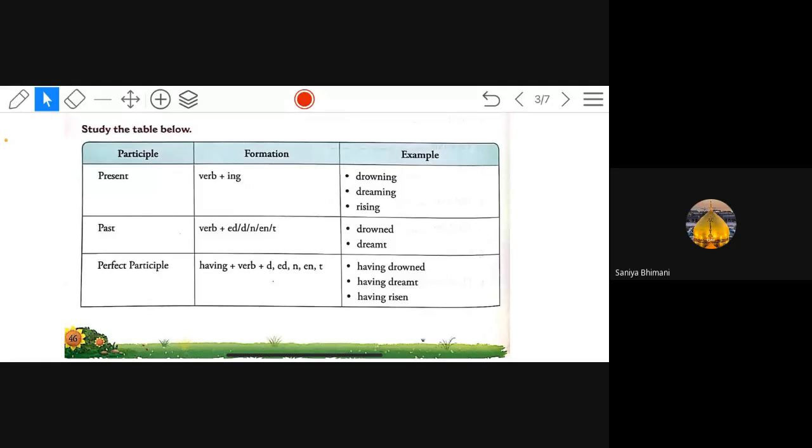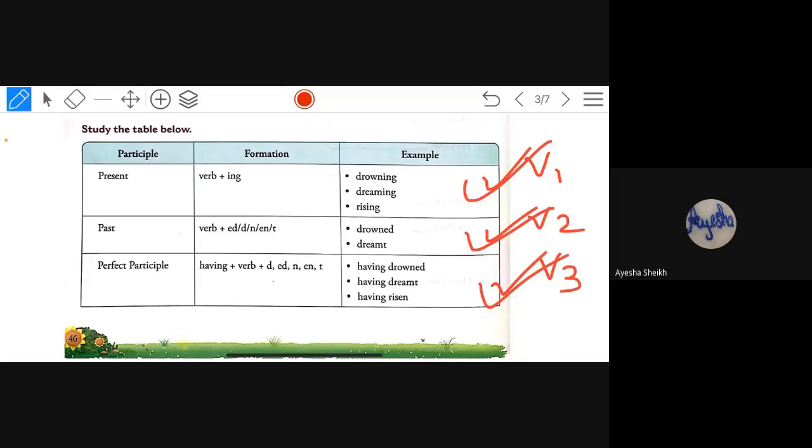V1, V2, V3. Three forms of the verbs are there. What are they called? Present form of the verb, past form of the verb, and past participle.